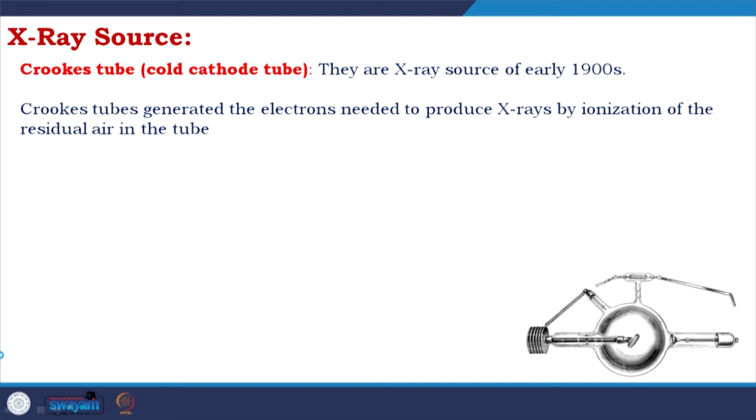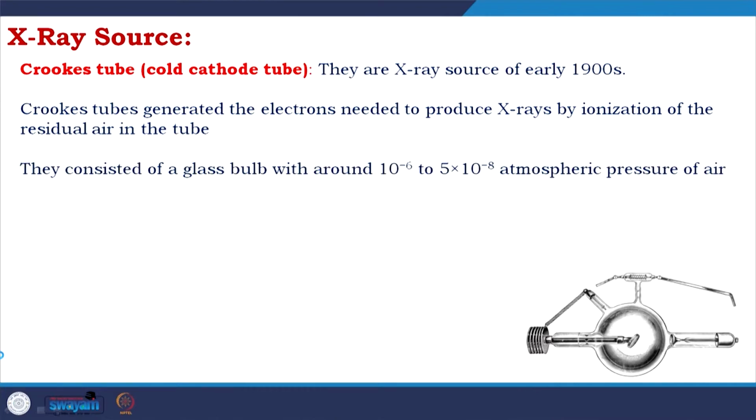These tubes generated the electrons needed to produce X-rays by ionization of the residual air in the tube. If you remember, nowadays we are using cathode and anode, but at that time they were using residual air in the tube.